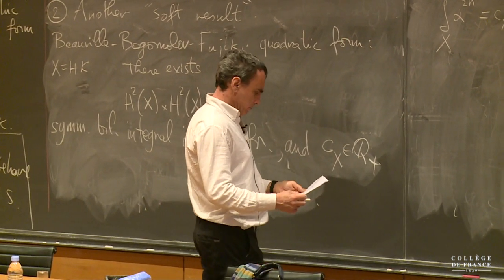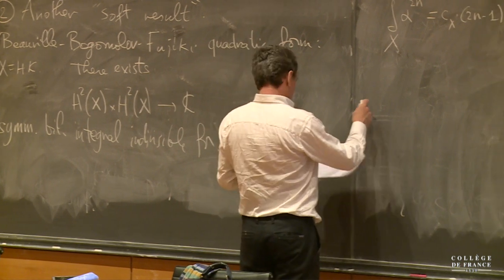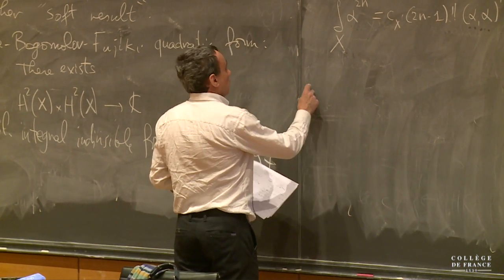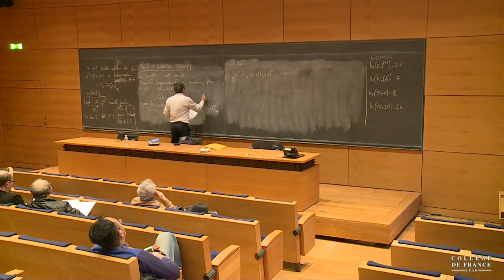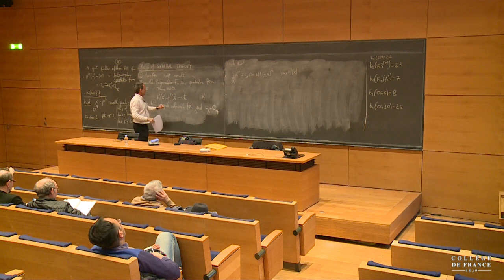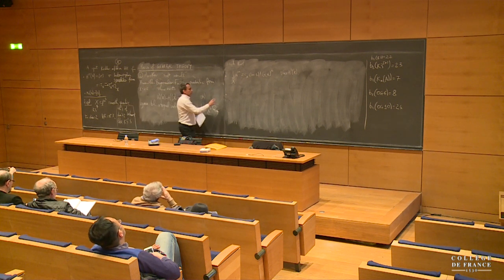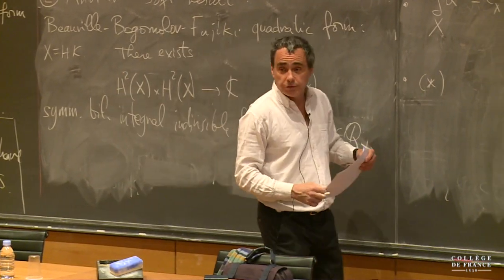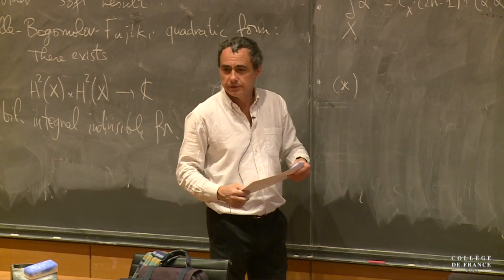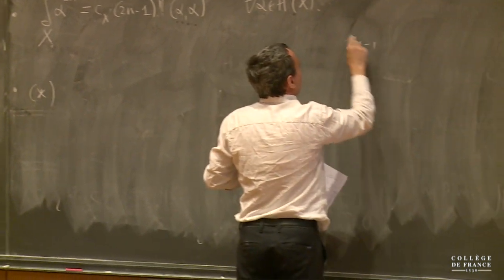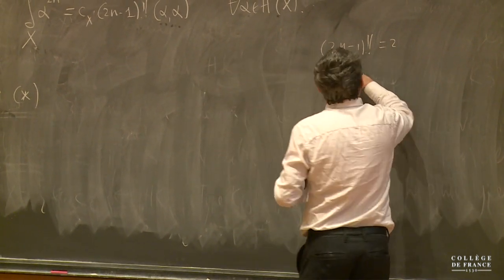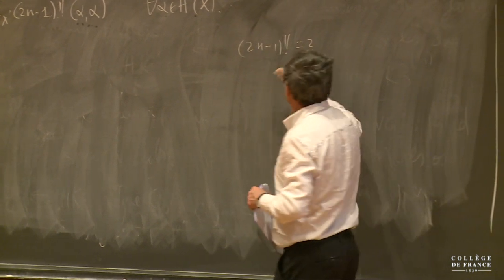But let me list some properties that one wants to know. So this is a morphism of Hodge structures. So (2,0) only couples with (0,2), and so on. It's the product of all odd numbers starting from this.